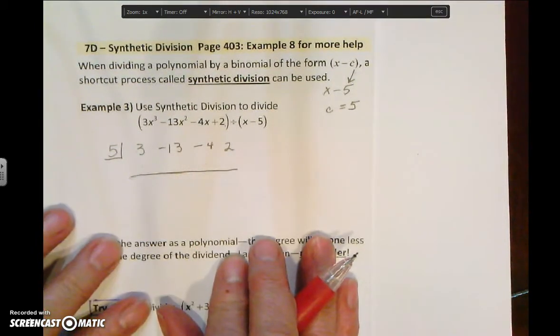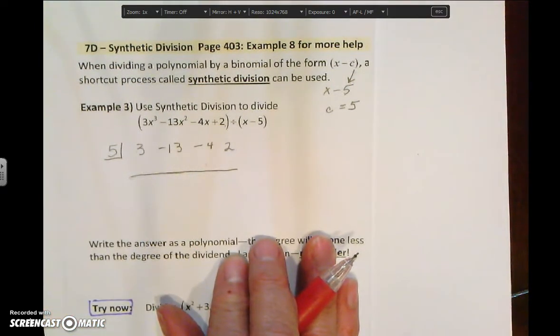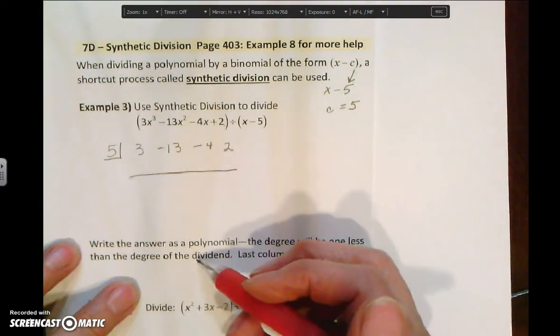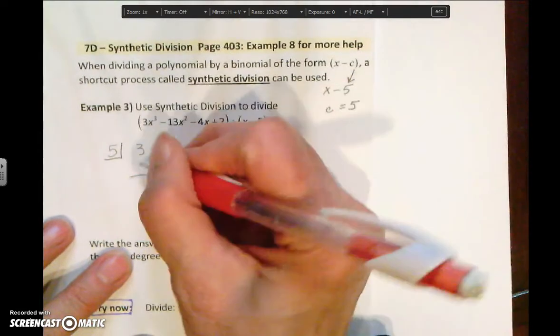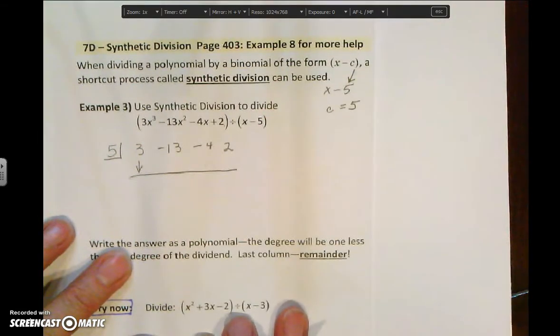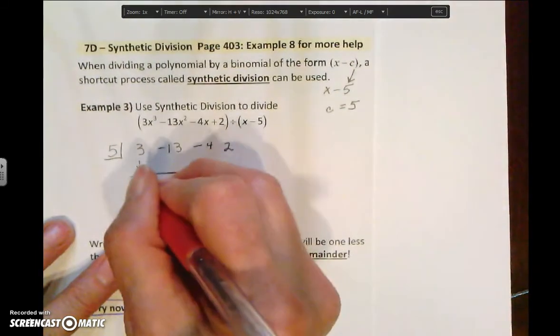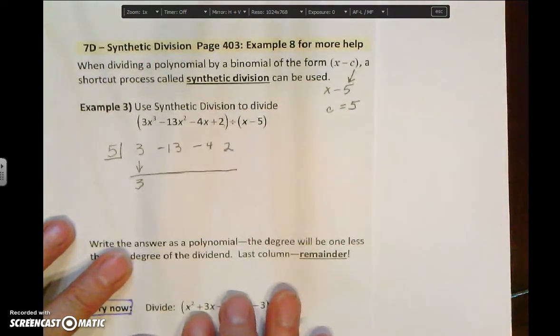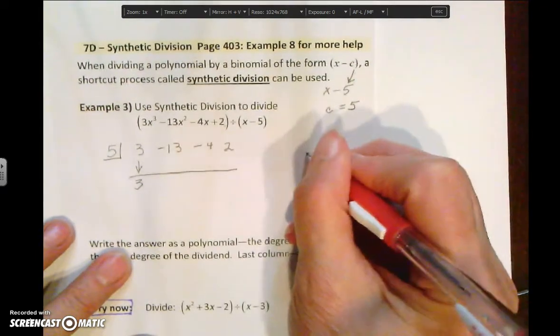All right, so to begin, we're going to do the parts of the long division, which are to add and multiply. We're just going to repeat over and over, add and multiply. We're going to begin by bringing down that first term. So the first step is to bring down the 3 and write it underneath the line.